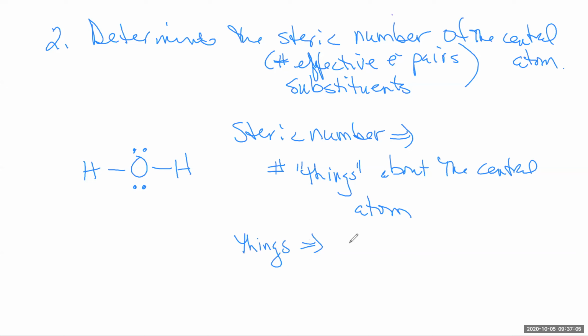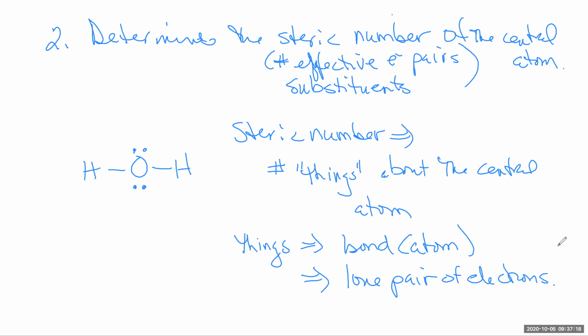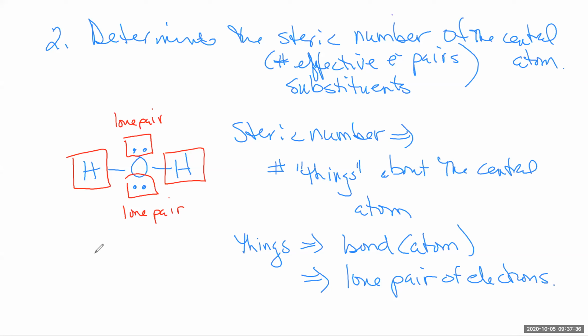Things can be a bond, or some people will say an atom, right? Or the things could be what are called a lone pair of electrons. And so in water, how many things are around the oxygen? I have a hydrogen, that's 1. I have another hydrogen, that's 2. And then this is a lone pair of electrons, and this is a second lone pair. And so the steric number for water would be 4.